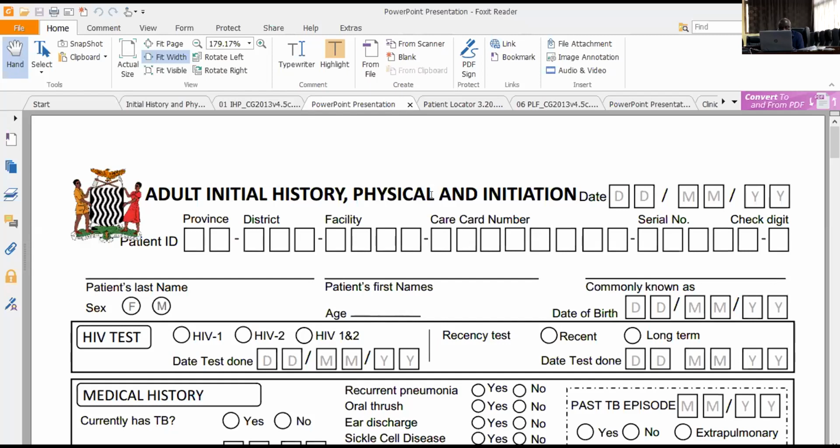As well as on TPT, one thing that we've noticed is it's a bit difficult for medical personnel to know whether the client has taken TPT or not until they ask, and then a client has the right to say yes or no. So maybe it should be in form of a pop-up like it is for VL, where when a client is due for VL, there'll be a pop-up to say this client is due for VL. That was just a suggestion as well.